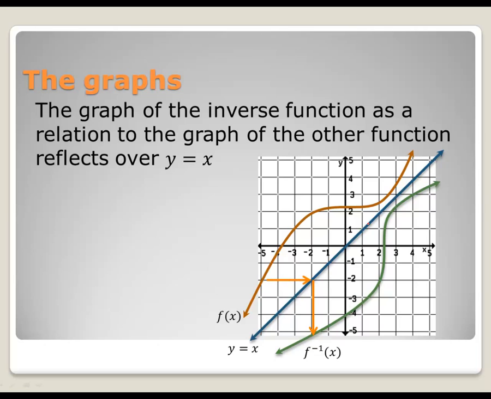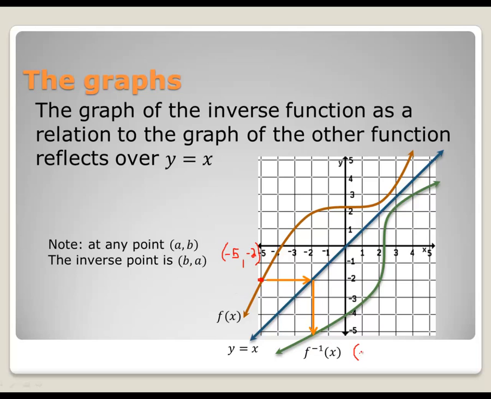I also want to note that at any point here, suppose we have a point here, this point is negative 5, negative 2. Our inverse function is going to be negative 2, negative 5. So it switches the values.